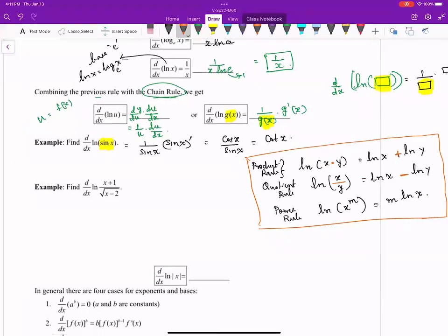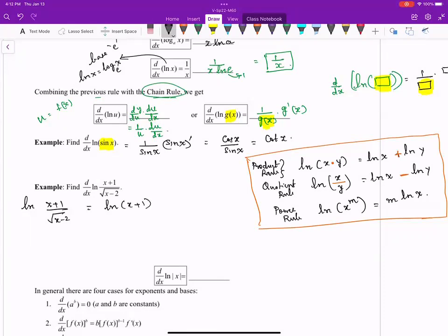So now d by dx of ln of (x plus 1) over square root of (x minus 2). Let's do the algebra first and then we'll take the derivative. You can also do it without that algebra part; you can jump into doing 1 over the box times the derivative of the box. But if you use ln properties, it makes our problem a little easier and looks better.